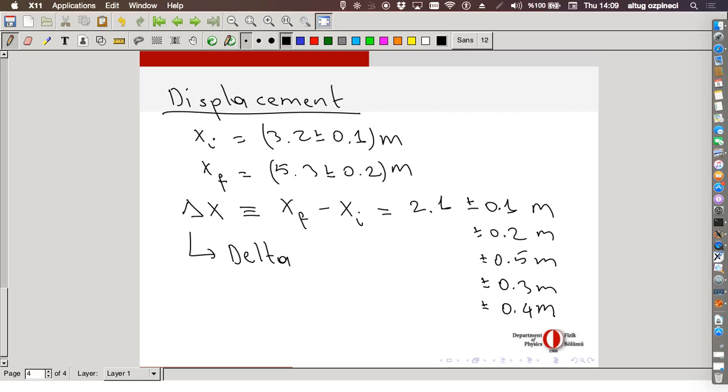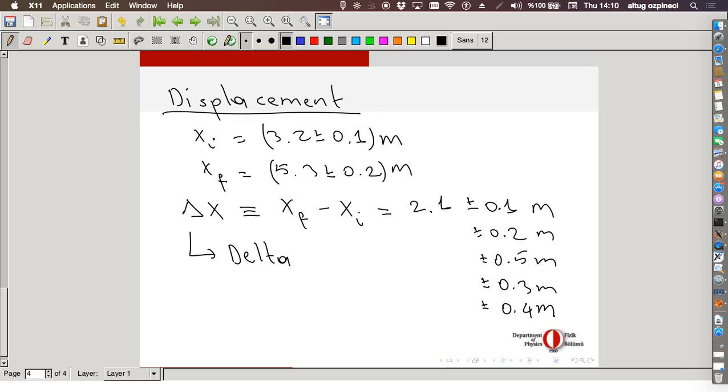When you take a ruler, you can tell whether the distance is close to half a millimeter or close to a full millimeter. You cannot be sure, but you can actually tell it. So the probability that this delta is actually close to 2.1 plus 0.3 will be in fact small.